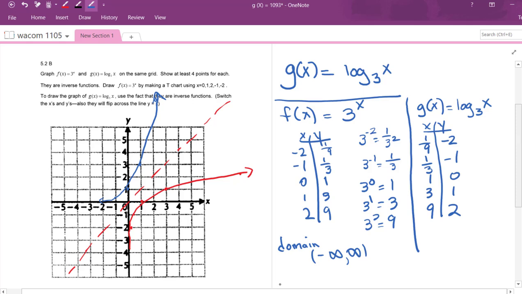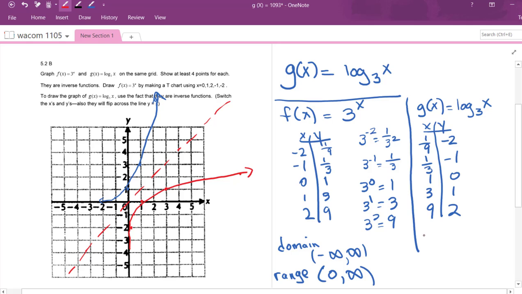Range of f of x, right? It has a horizontal asymptote. On this particular problem, the lowest it's going to go, and it's not going to touch, is y equals 0. So you're going to go from 0 to infinity.